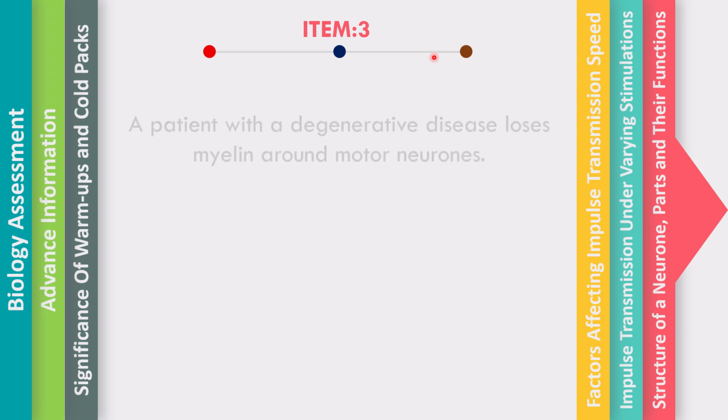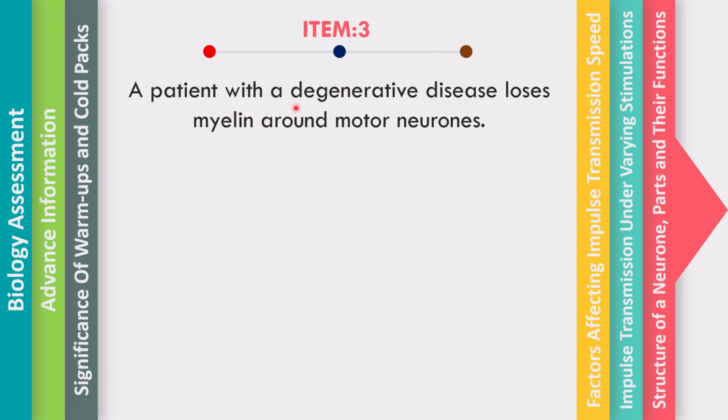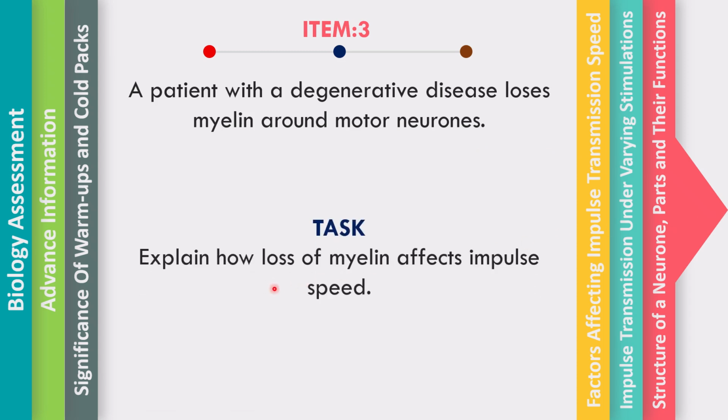Item 3. A patient with a degenerative disease loses myelin around motor neurons. Task: explain how loss of myelin affects impulse speed.